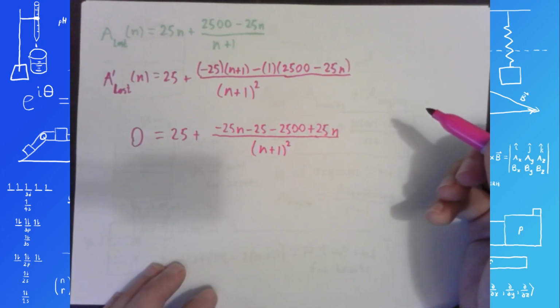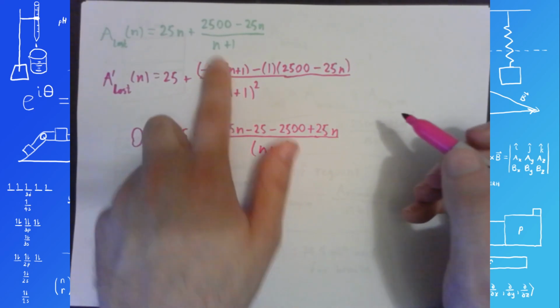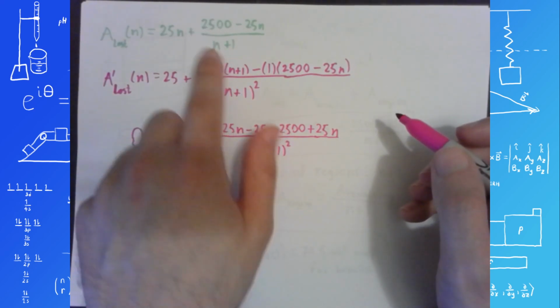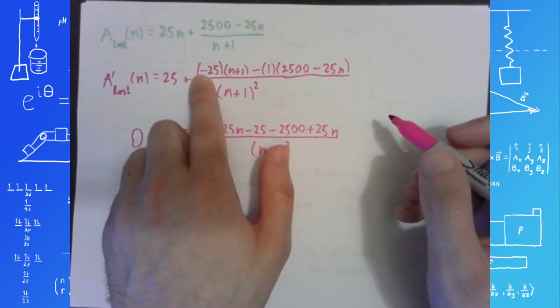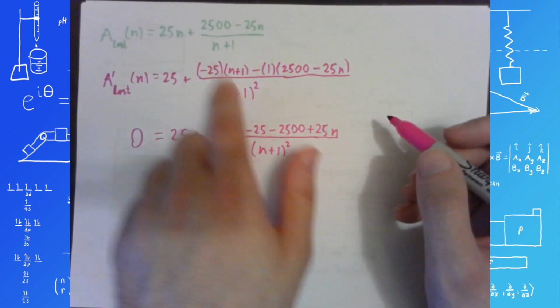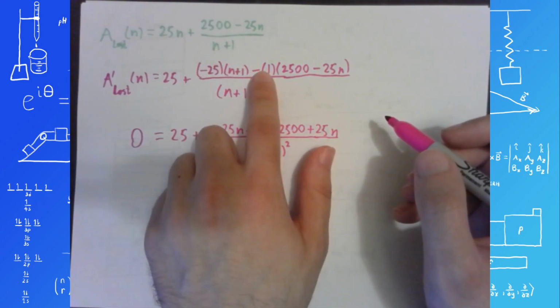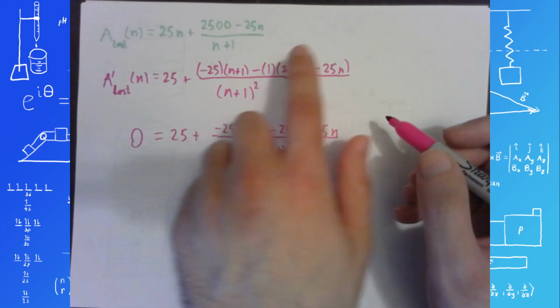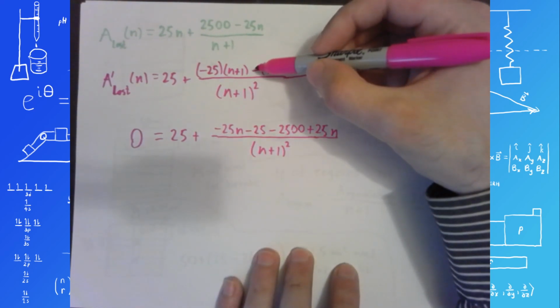Did I do that right? Let's see. Well, let me double check everything. So quotient rule, I did f prime g. The derivative of that is negative 25 times n plus 1. Okay, that's all good. Minus g prime f, so minus the derivative of n plus 1, which is 1, and yep. And did I distribute correctly?